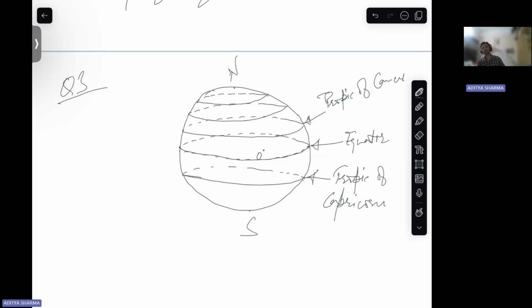Now you must be knowing the seasons. Why do summer and winter seasons take place? This is because the axis of Earth is tilted.